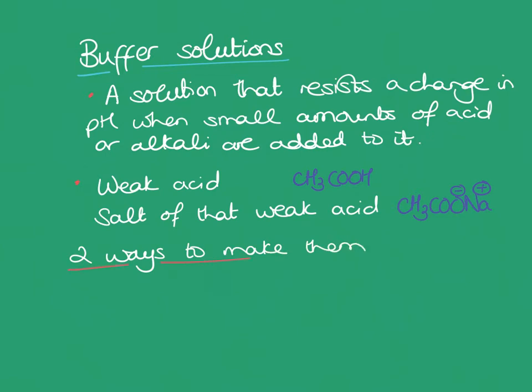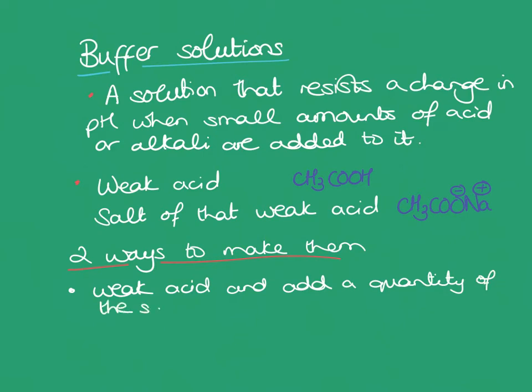So these salts are actually just available as solids. So the easiest way to do it is to take the weak acid and add a quantity of salt. When we see that as a calculation, that's a 4-mark calculation.